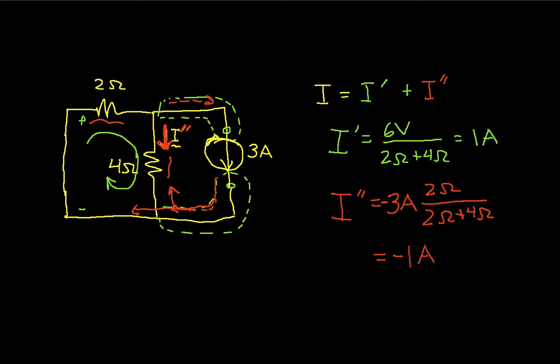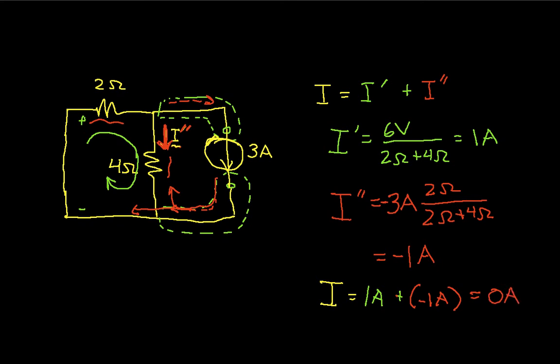Okay, so this tells me that the total current I is going to be 1 amp plus negative 1 amp, or 0 amps.